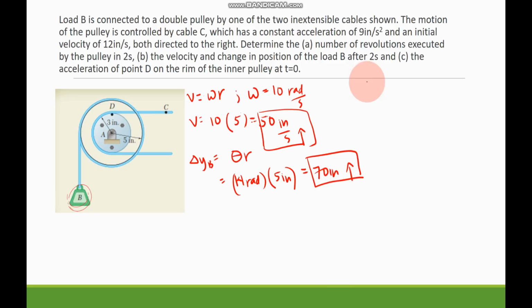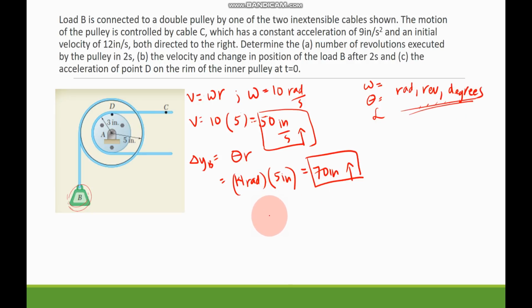So kindly take note that if we are considering kinematics of rigid bodies, the units for angular velocity, angular acceleration, and angular coordinate are expressed in rad, revolution, or in degrees. So these are the units that we consider if we are involving kinematics of rigid bodies.